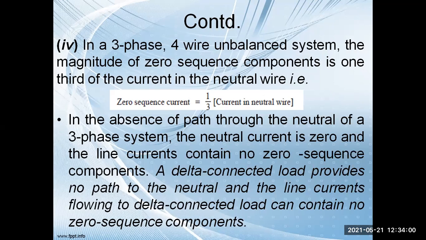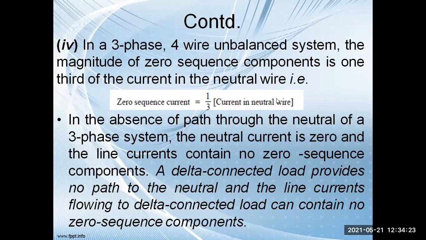Do you find any neutral path in a delta connected system? There is no neutral. If there is no neutral, there is no neutral current flow. If there is no neutral current, your zero sequence current will be equal to 0.